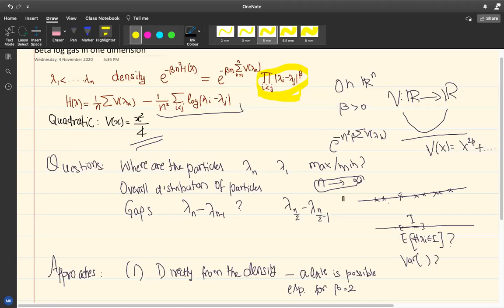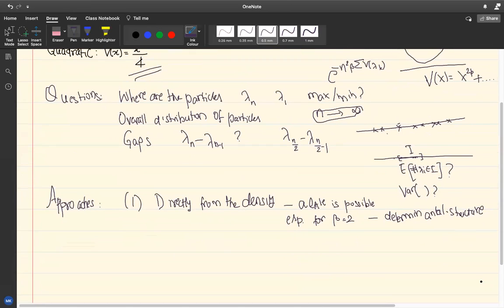But there is something very special about beta equal to 2, which makes this workable directly from the density, because there is what is called a determinantal structure.